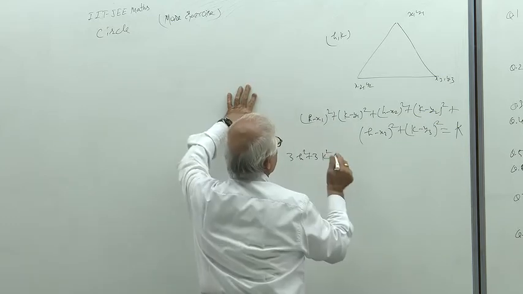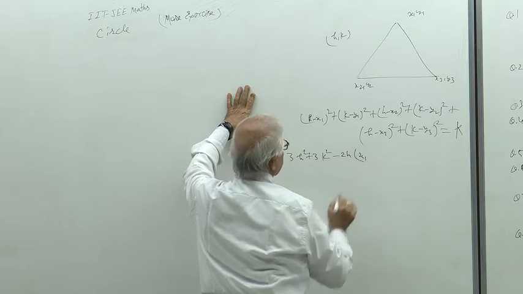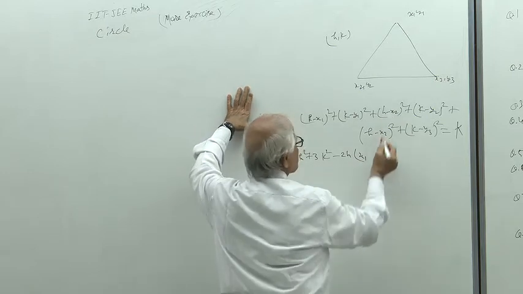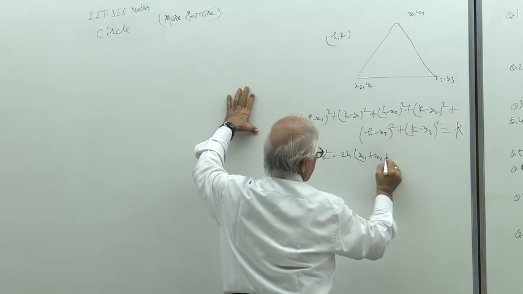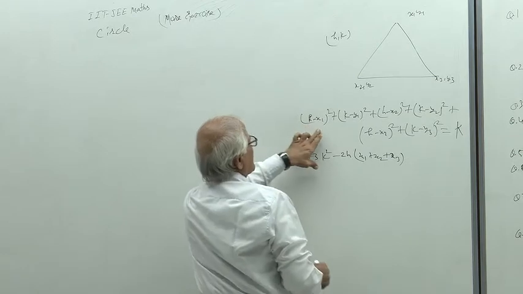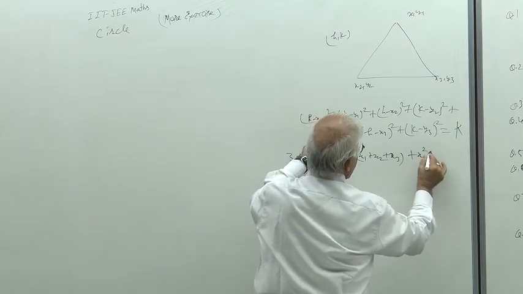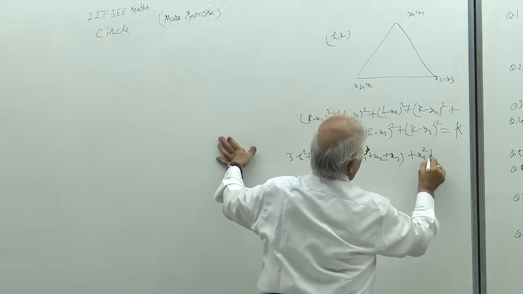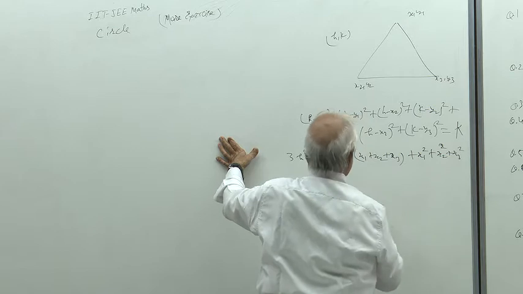Now what is the constant here? Twice h times x1, here we will get x2, here we will get x3. And what is here? x1 square, from this x2 square, from this x3 square.